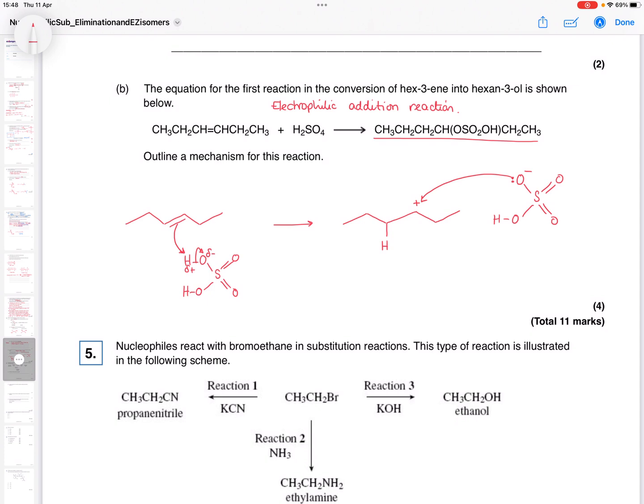So that is an electrophilic addition reaction. So they come up in the next topic, which is to do with alkenes, the reaction of alkenes.